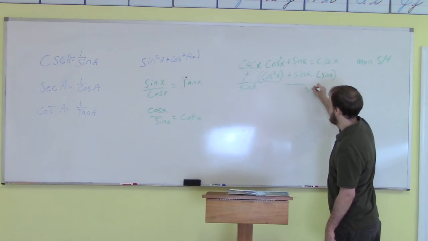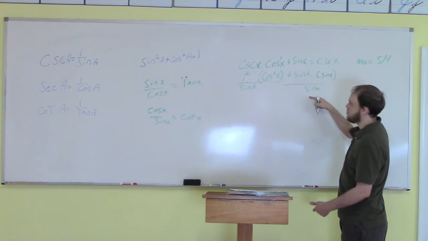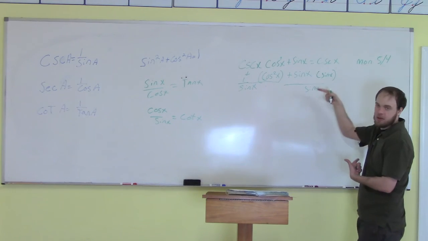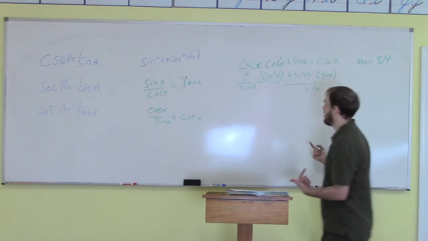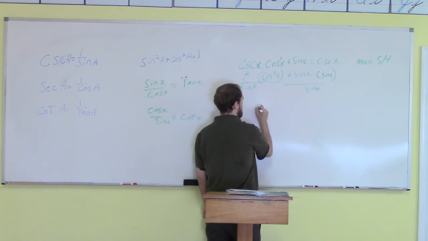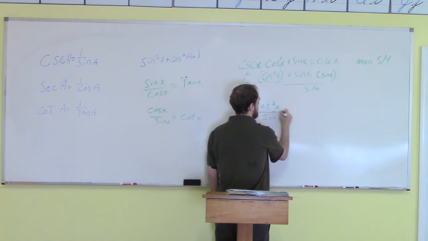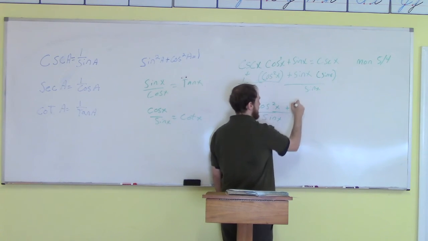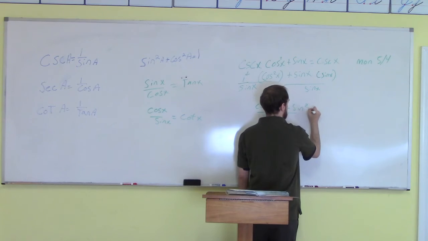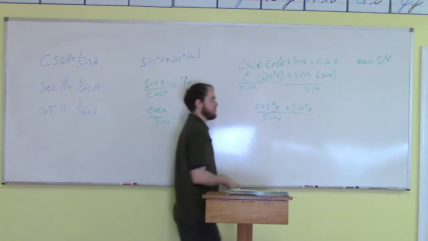So if I do it on the bottom, I then must do it to the top as well. And so that is what's going to help us clean this up. And so that would give me cosine squared of x over sine of x plus sine squared of x over sine of x.